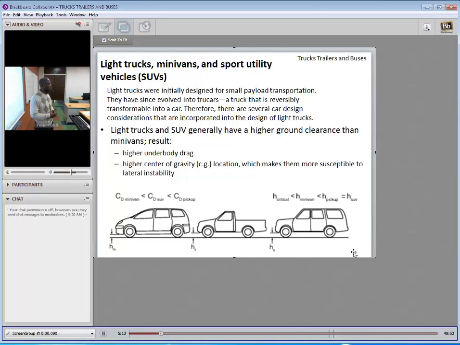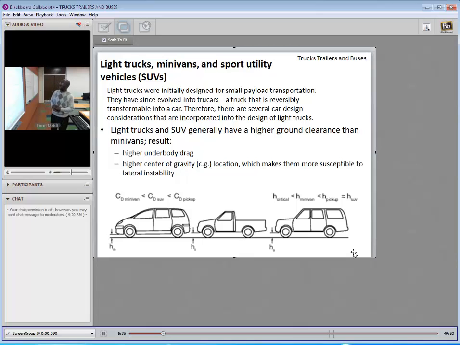Over time, they've evolved into what we call truckers. A trucker is a truck that is reversibly transformable into a car. Some call it trucker, and that would perhaps be the proper name because it's a merging of trucks and cars.